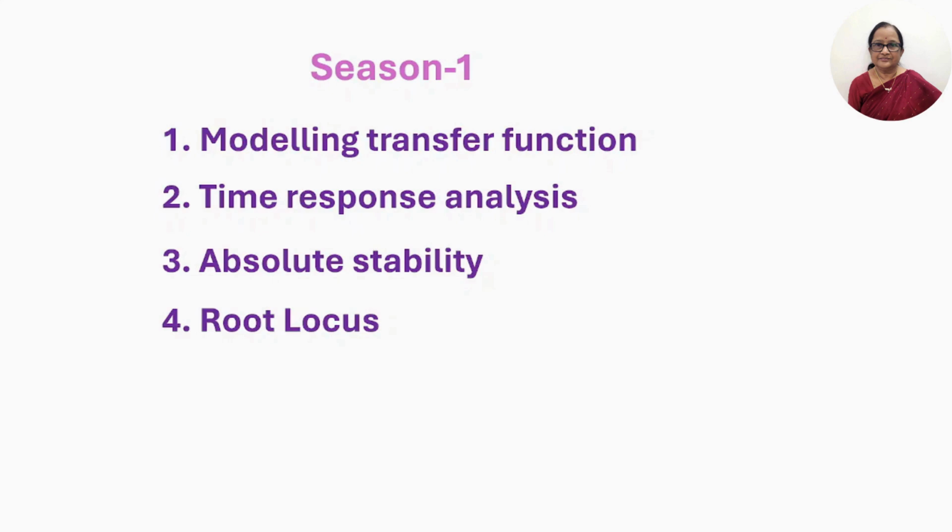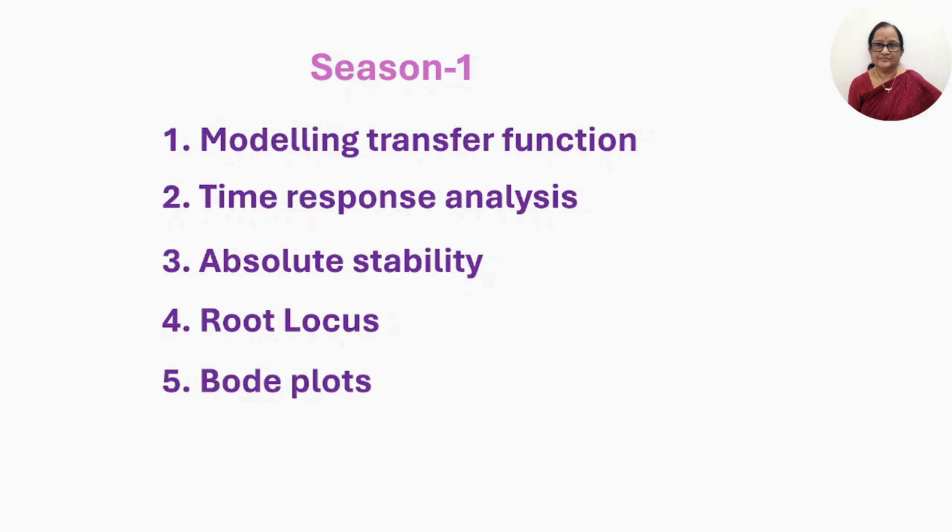The fourth part is further analysis with the root locus, an elaborate plot which gives us the location of the closed loop poles as the system gain increases from 0 to infinity. How we can get the root locus in Python and do the analysis as far as stability or critical stability is concerned.